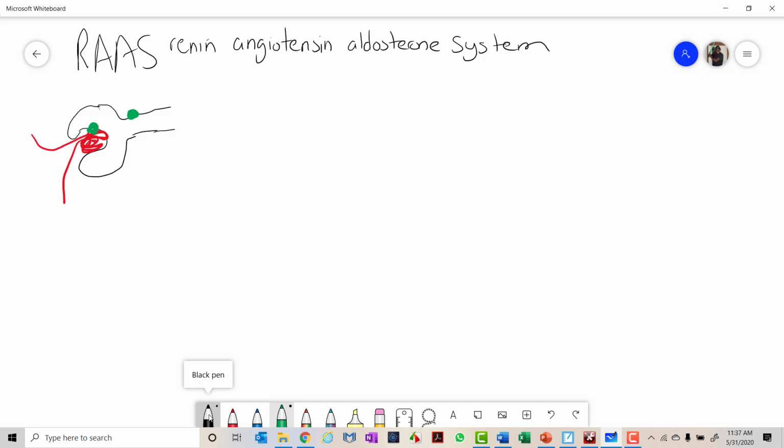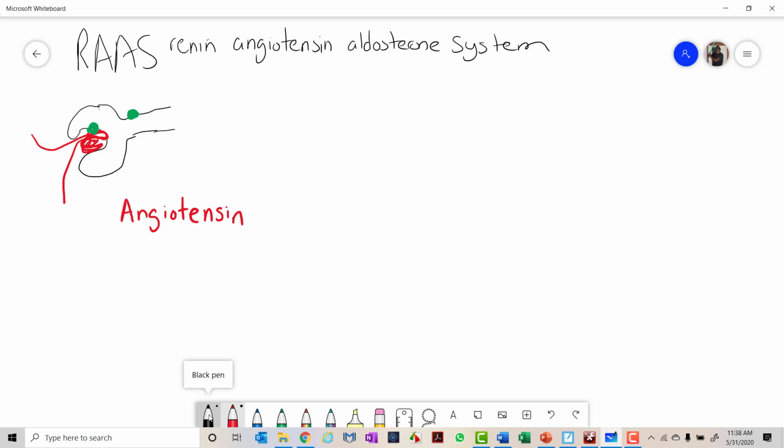And from this, we get the release of a particular hormone, a chemical that is going to have an effect in the body. Floating throughout your blood, we have this other chemical known as angiotensin. So this is created by the liver, and it is then released into the blood, and it is just floating around your blood supply.